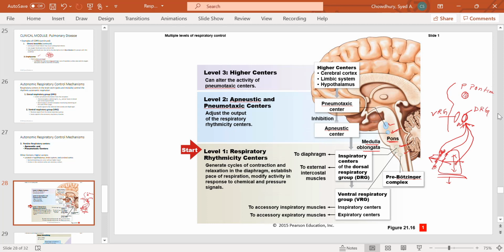And when the dorsal respiratory group thinks that the lung has expanded a lot and now it should be stopped, it will send signal to the ventral, and ventral will send signal to the muscles, the diaphragm and intercostal muscles, and tell them to stop. Okay, so the signal is first collected by the dorsal, that how much expansion has taken place, and these receptors are stretch receptors.